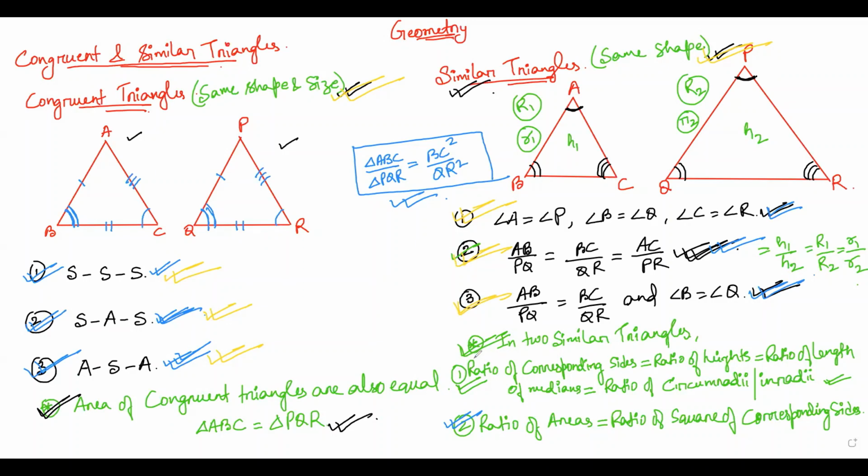And in case of two similar triangles, the ratio of the corresponding sides is equal to the ratio of heights, which is equal to the ratio of the length of medians, which is equal to the ratio of the circumradii or inradii, and so on. And the ratio of the areas of two similar triangles is equal to the ratio of the squares of their corresponding sides.